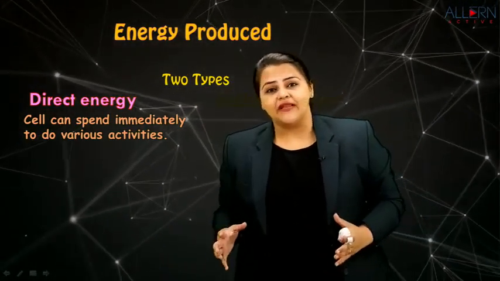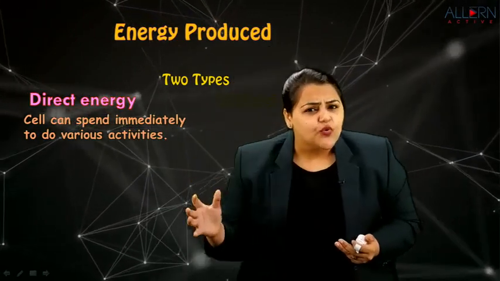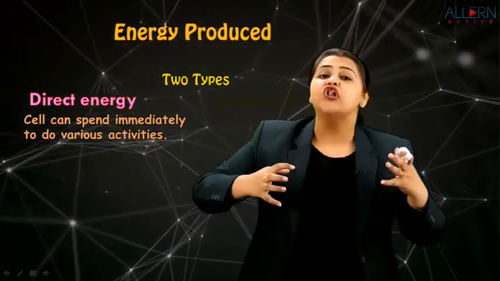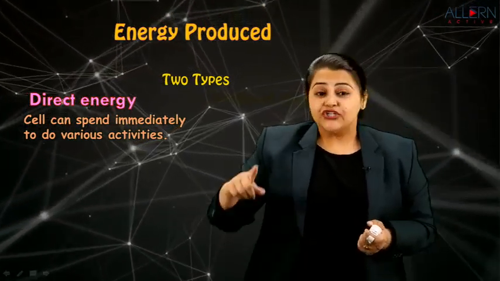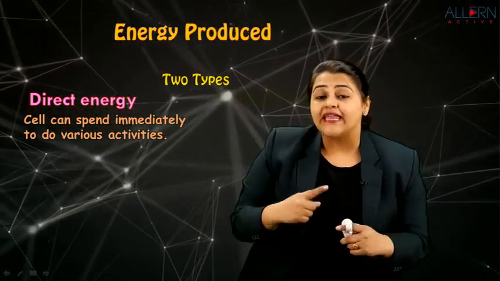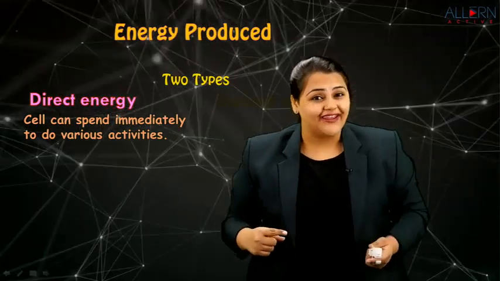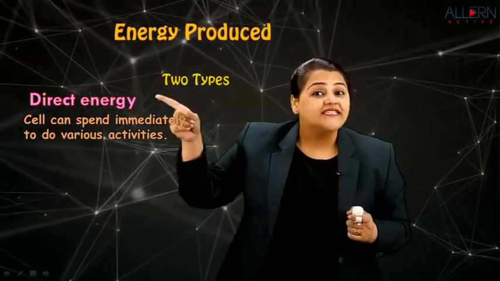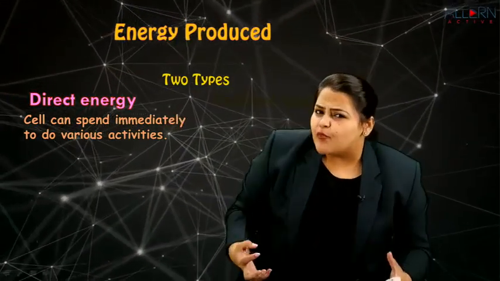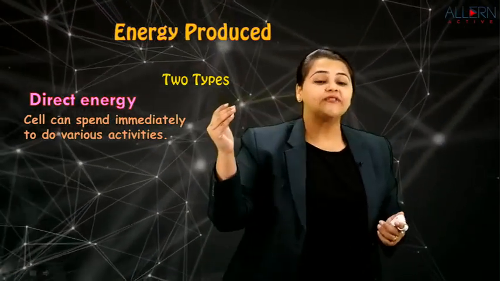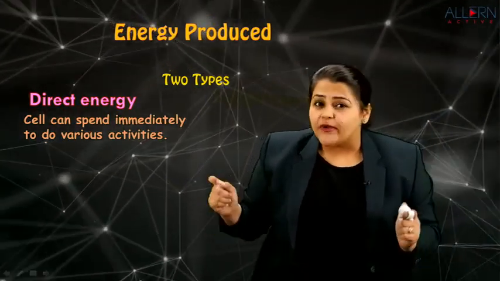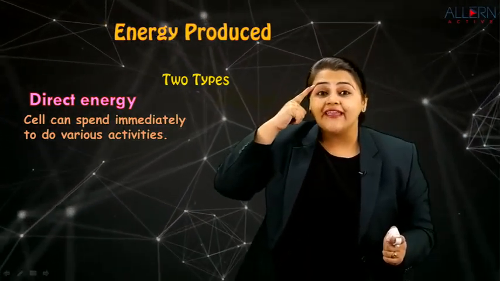For example, now when I'm talking, you are taking a lot of effort in listening to what I'm saying. So your brain is continuously working, and this continuous working of the brain also requires direct energy, because the moment your body is producing energy, that is immediately spent by your brain for the activity of thinking.